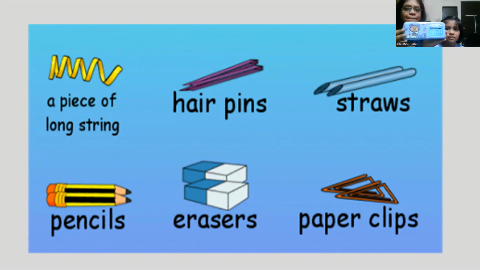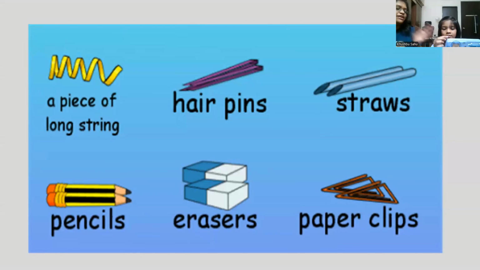Suppose this is a pencil box and I am considering a pencil as a reference. You can see here the length of the box is one pencil and two fingers. So the length of this box is one pencil and two fingers, okay? And we can consider a hairpin also as a non-standard unit of measurement.